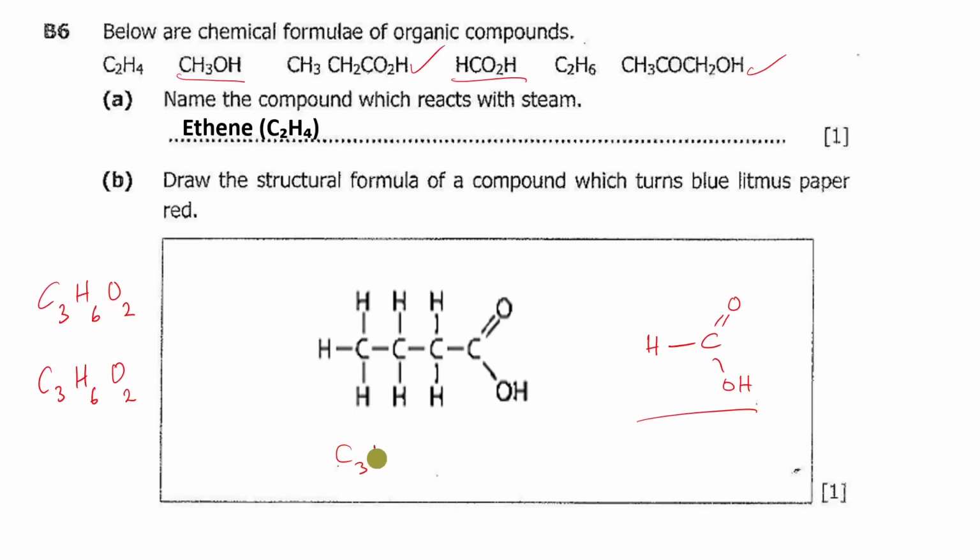C3, then H, 1, 2, 3, 4, 5, 6, 7, 7. And this one, COOH. No, this one was still wrong because C1, 2, 3, 1, 2, 3, 4. No, this one was still wrong.